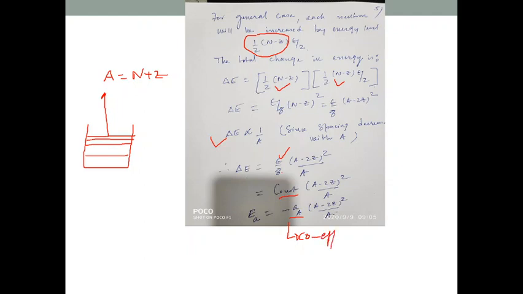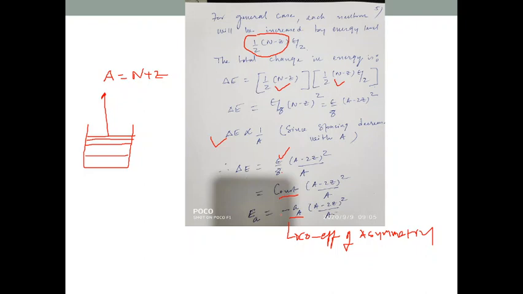Remember we had the coefficient of the volume term, similarly the surface term, and now the asymmetry term. This is the coefficient of asymmetry. Please understand there is a minus sign here, because what do we mean by asymmetry?